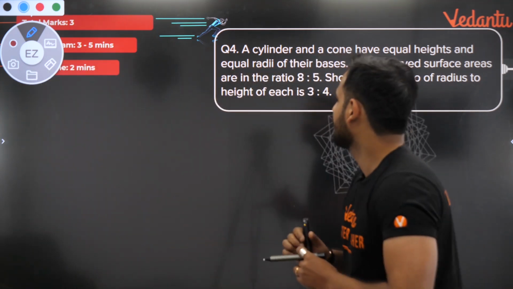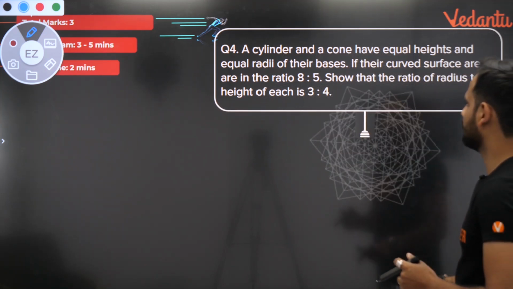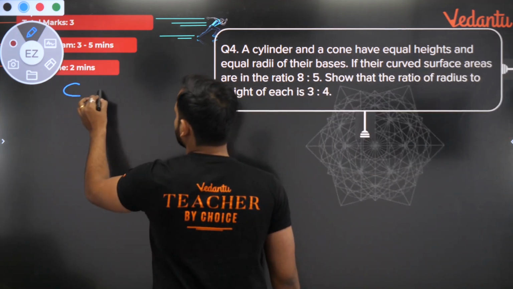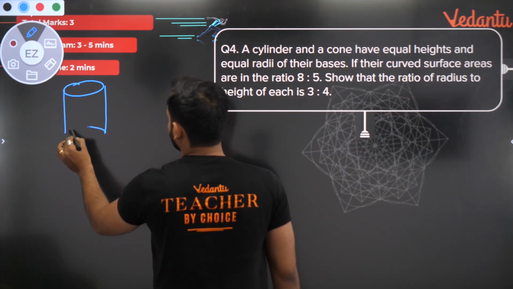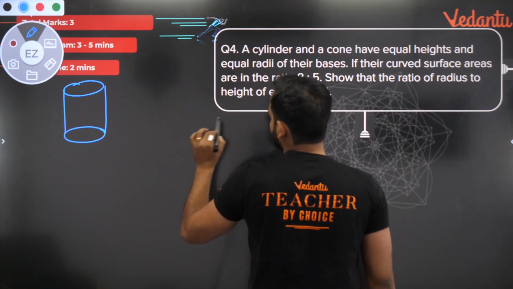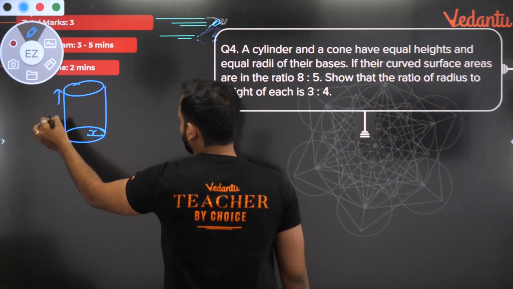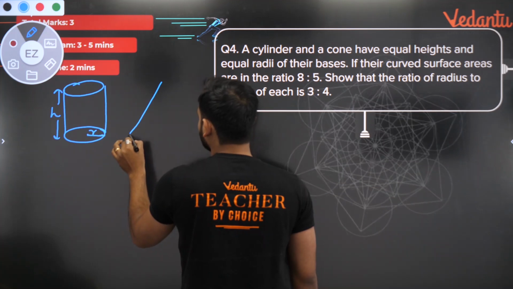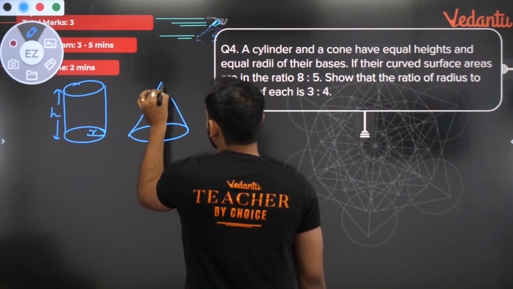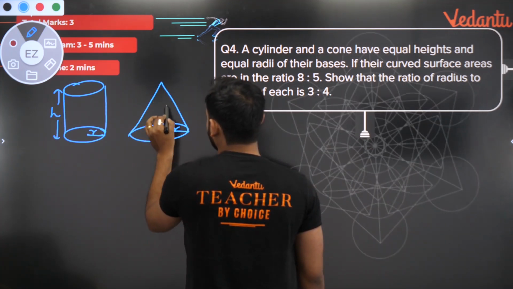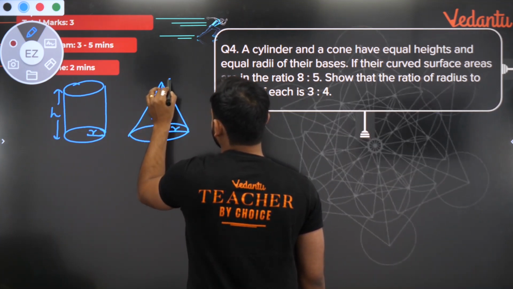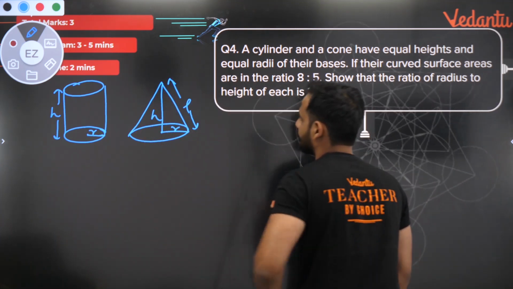Okay, now see, we have one cylinder and a cone which have equal radius. So here the radius is r and height is h, and for the cone also the radius is r and the height is h, and the slant height will be, let's say, L.